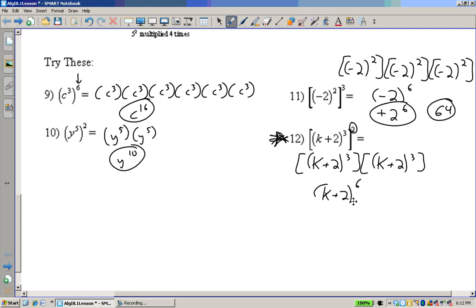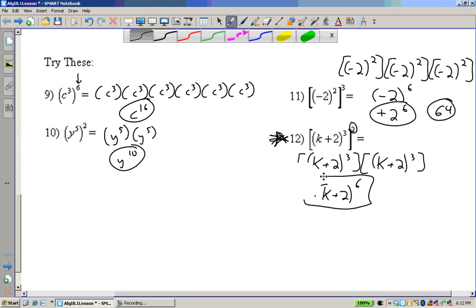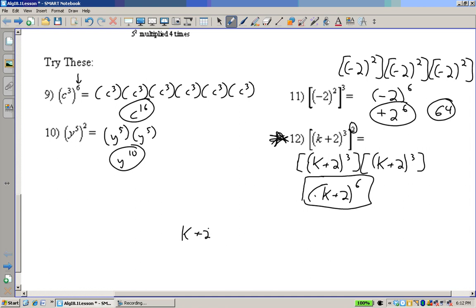And now, many students want to say this is k to the 6th plus 2 to the 6th. That is not correct. This is as far as we can go now. Later on, we'll be able to finish this off, but there's nothing we can do about it right now. I would go into detail, but just to give you a basic idea, to even do this 2 times would be binomial multiplication.